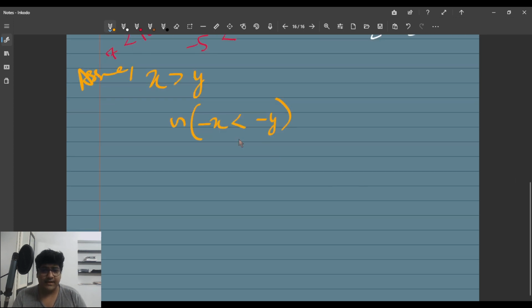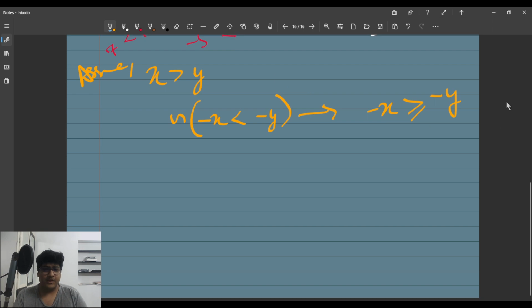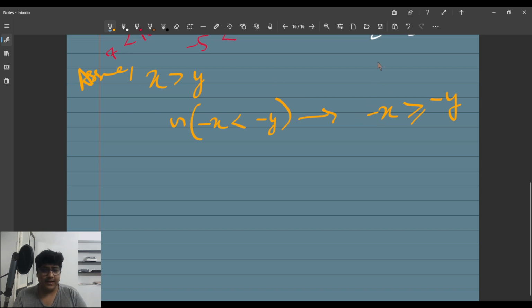So you assume the negation of minus x less than minus y. So how do we negate this? The negation of this would mean minus x is greater than or equal to minus y. All the ways you can disprove that minus x is less than minus y would give us the negation. You can also verify that the negation of this statement would go back to this statement.